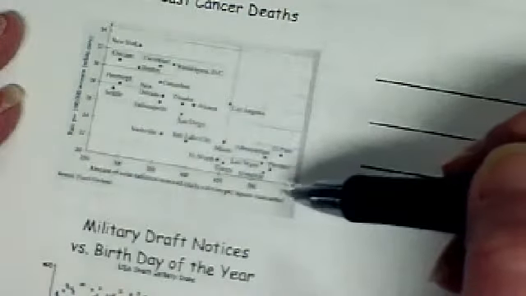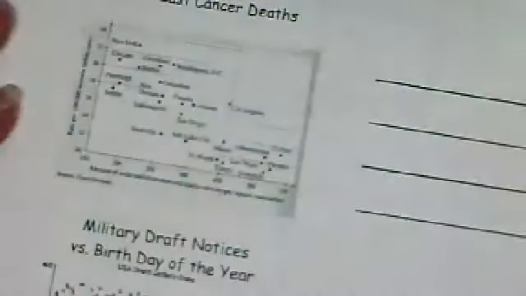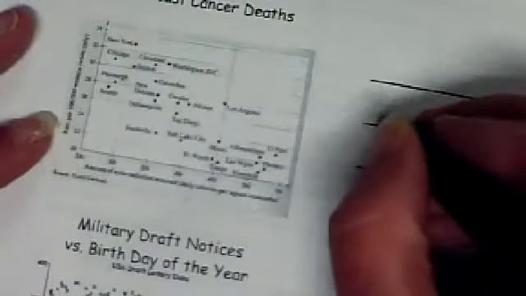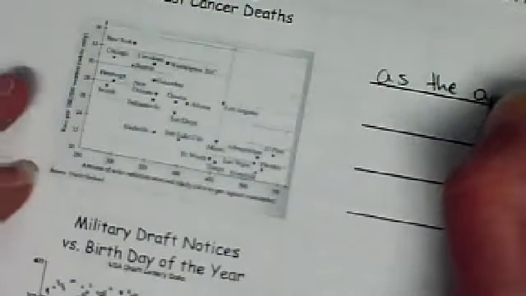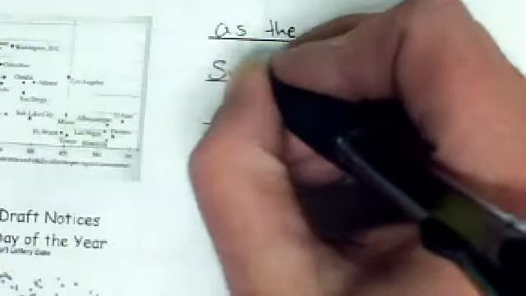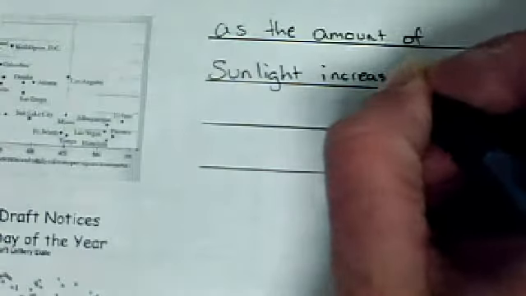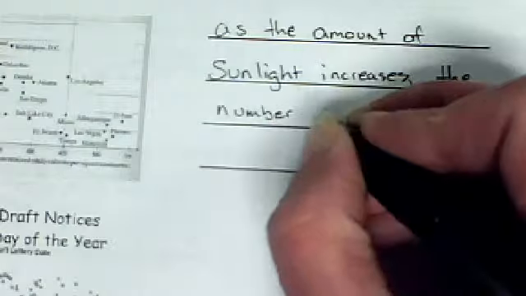So if we notice, there's a whole bunch of cities and how much sunlight they receive and the number of deaths related to breast cancer. So you can tell that as the amount of sunlight increases, the number of deaths decreases.